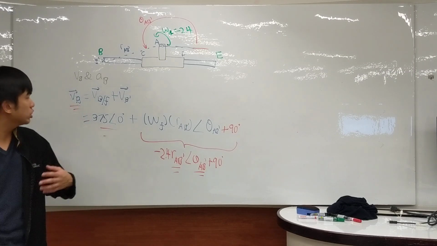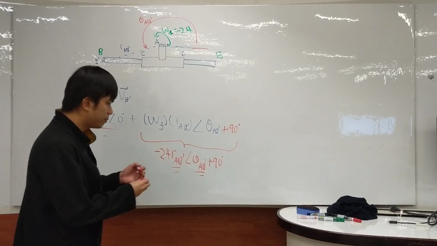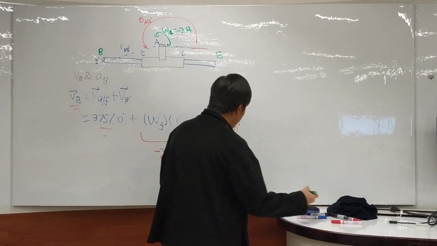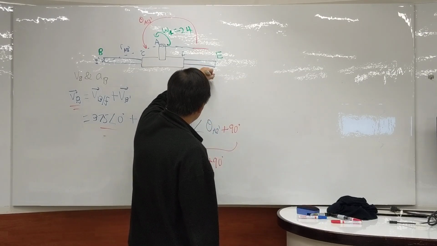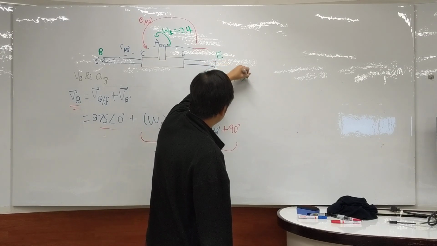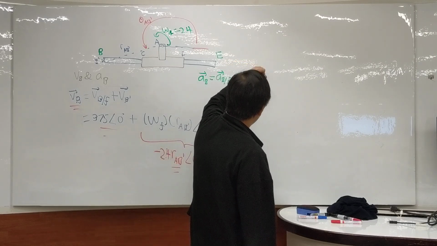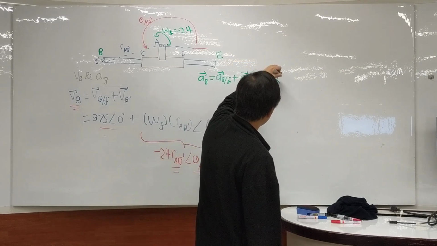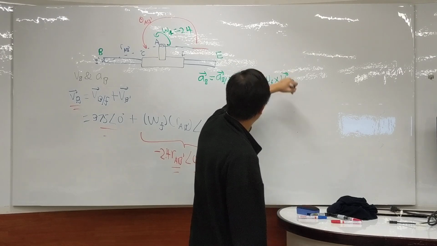Now, how about acceleration of B? Acceleration of B is the same thing. So first of all, you take a look at this. What is acceleration of B? Acceleration of B is equal to acceleration of B with respect to F plus acceleration of B prime plus omega F cross product with V B slash F. Right?